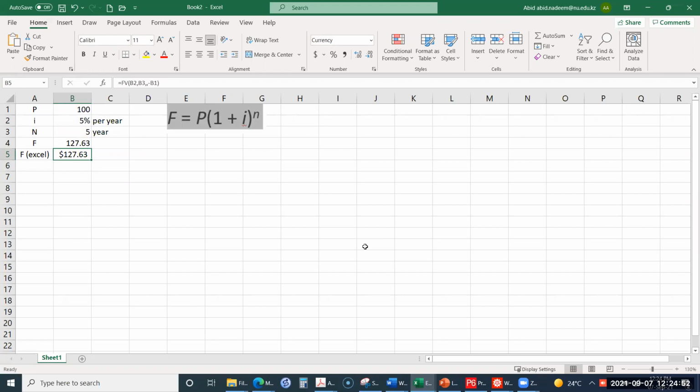That means Excel has these inbuilt formulas for these functions.